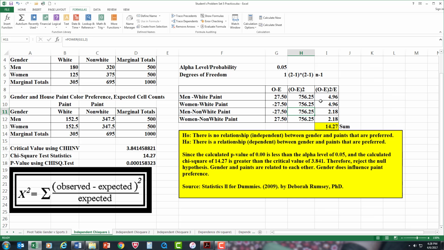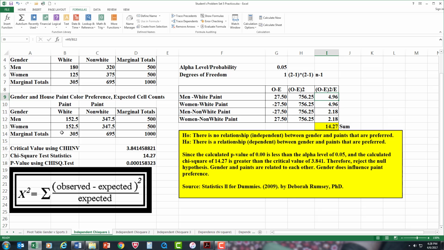All right, once you have all that, you can now do the final column, because your main goal is to get the chi-square test statistic. And here, all it is is taking your square that you've already done and dividing it by, in this case, B12.